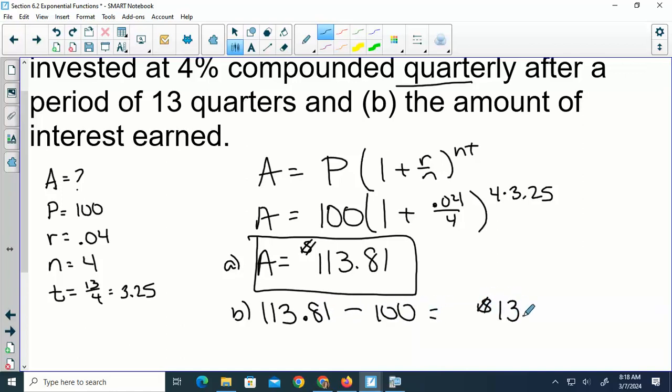So I was paid $13.81 in interest. Is that okay?